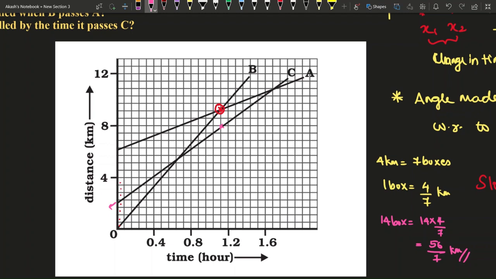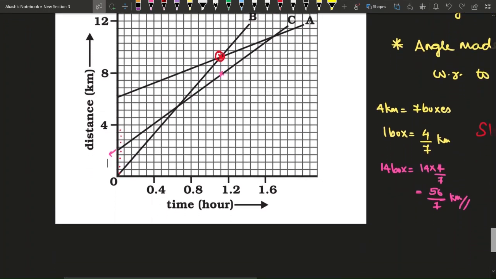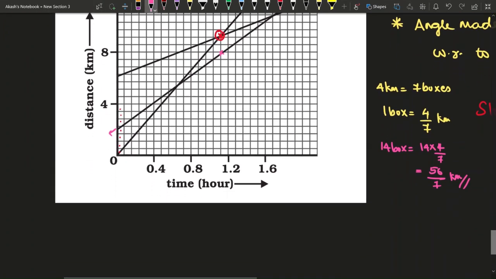That is also fine. So 4 boxes are over, or you can take it as 3.5 boxes. So the initial point will be equal to 3.5 into 4 by 7.